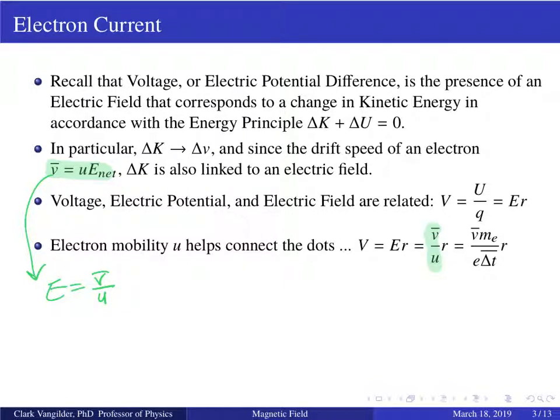So if we just take our drift speed equation, the drift speed of an electron equation, solve it for the electric field, and put it into our voltage equation that relates the electric field to the potential energy, then we come up with this new twist on the formula.